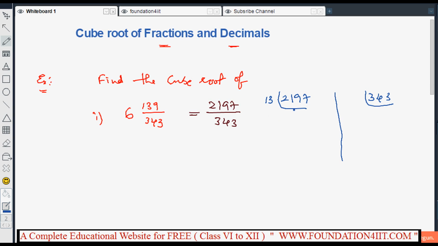Now if you take the 13 table, it will be 169. So again 13, 13 0, 169, 13 1 0. Now this I can write as 13 into 13 into 13. That is the numerator. Denominator is 343. So this is obviously the 7 table, 49, and 7 7 0, 49, 7 1 0, 7. So that is 7 into 7 into 7.